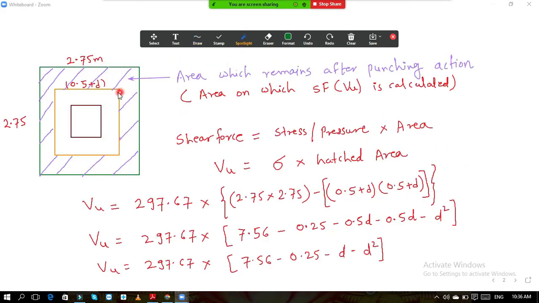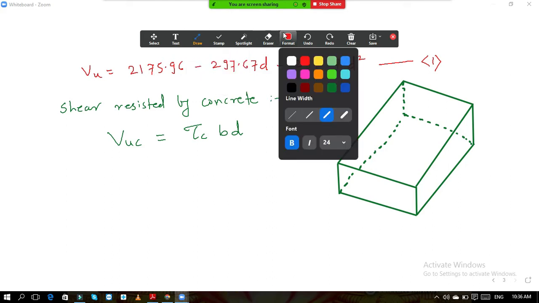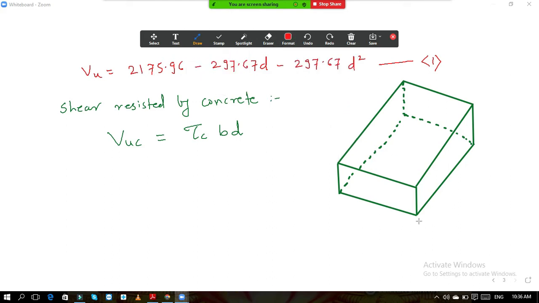So now pay attention over here. This is the section 0.5 plus D. This punching section will get penetrated through the footing. So I have drawn the 3D diagram of this section. Okay, to know the punching area, to know the width. So here, as you know, this length is how much?